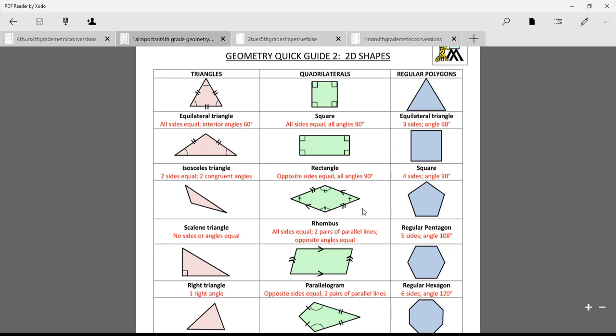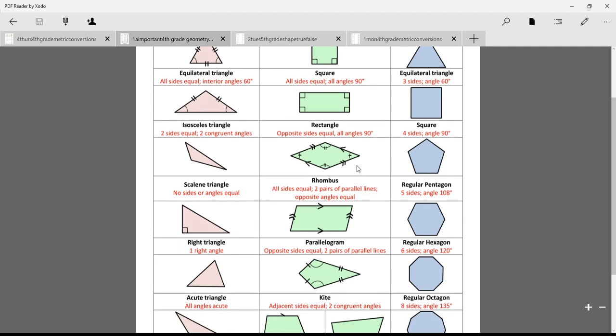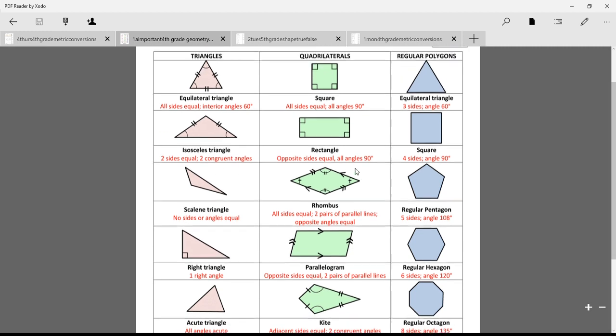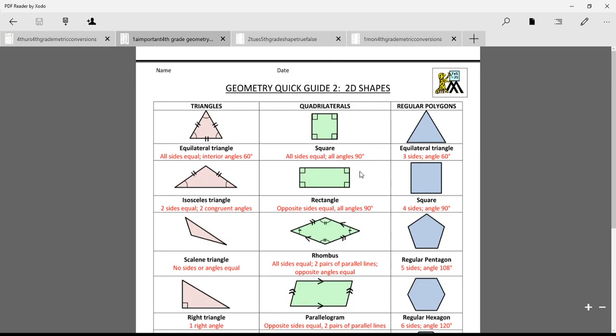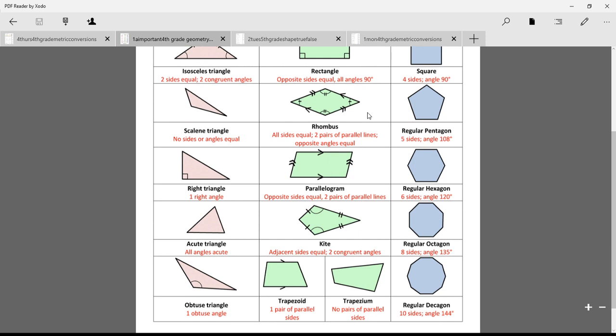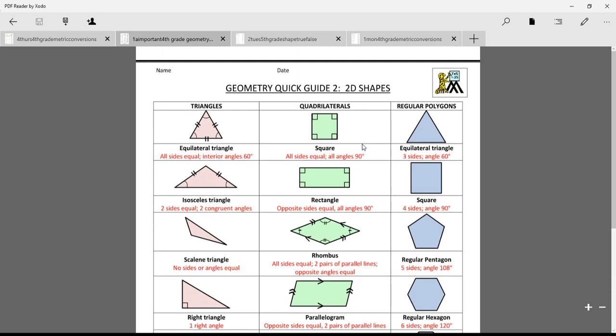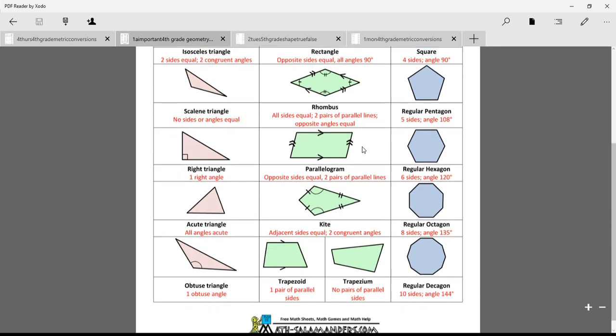You just have to memorize this stuff, because otherwise you're not going to be able to answer questions about the attributes of the shape. You can't figure it out on the fly. So the key is just memorizing this stuff. And like I said, I'll link this sheet in the description, and the best thing to do is just study it.